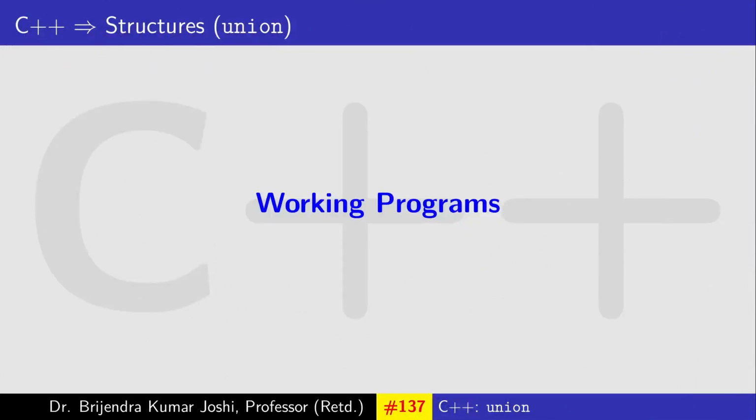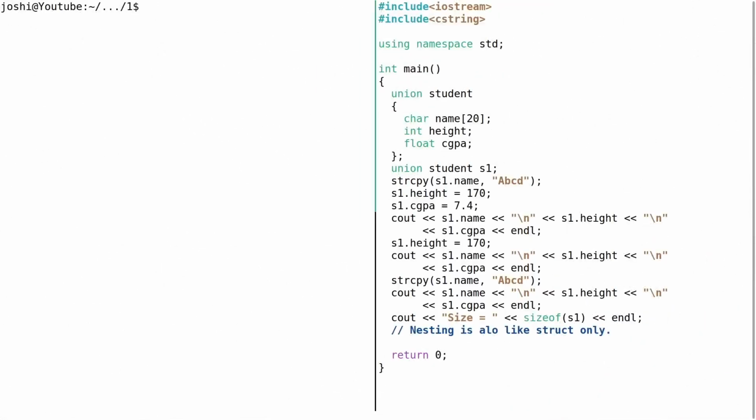Now let us see some working programs. In this program, I have declared one union named student, and it has 3 members. One is a character array of size 20, one height of type int, that is integer, and one CGPA which is of type float.